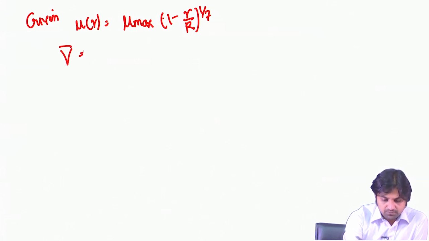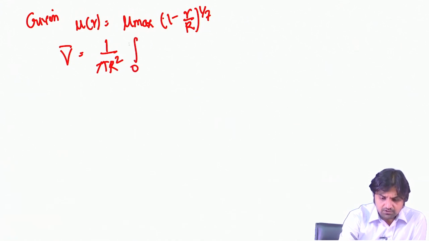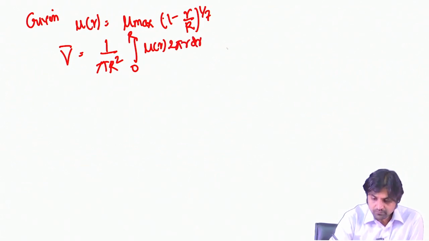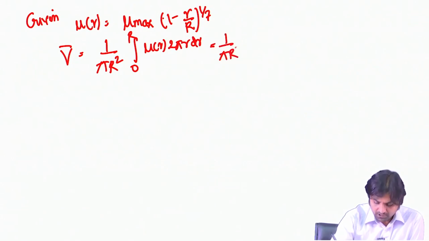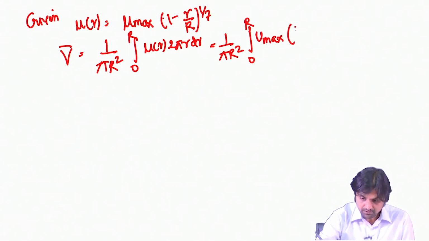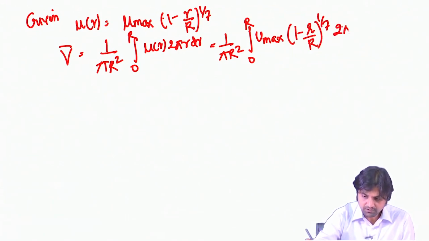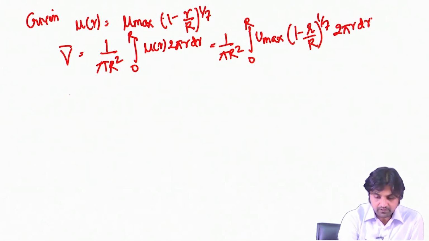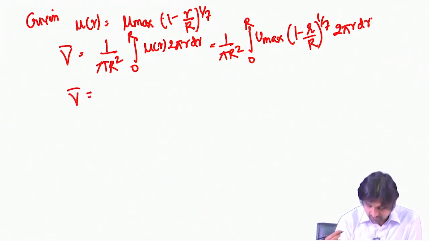So, the average velocity will simply be 1 divided by the entire area, integral 0 to R of u(r) 2 pi r dr, or we can write 1 by pi R square integral 0 to R u max into 1 minus r by R to the power 1 by 7 2 pi r dr. Therefore, we can take u max and 2 pi outside.